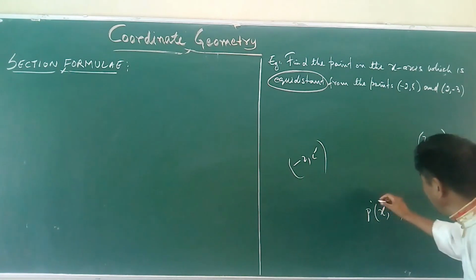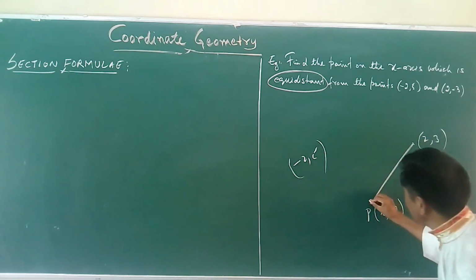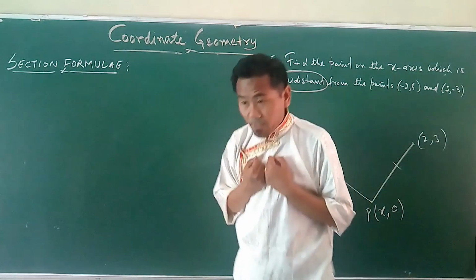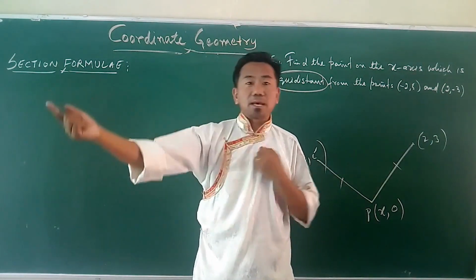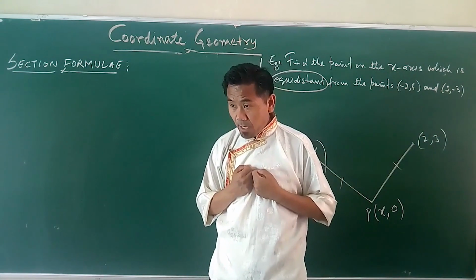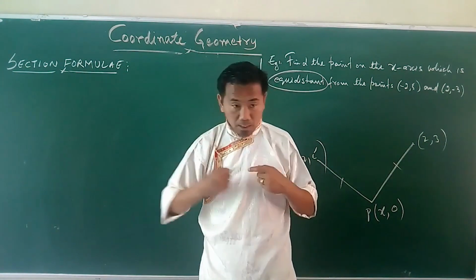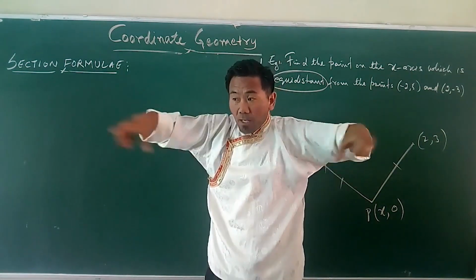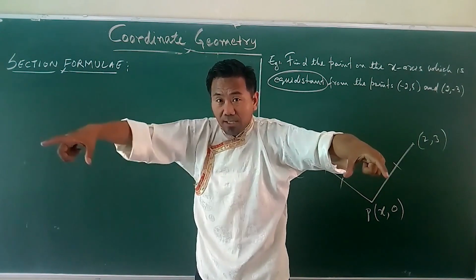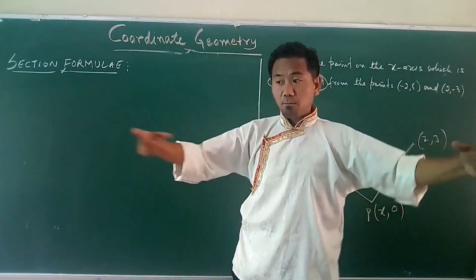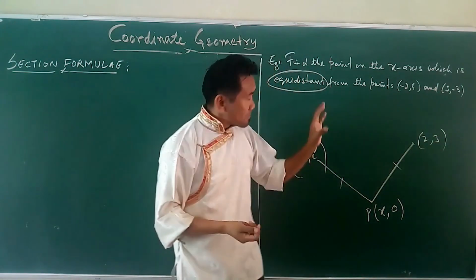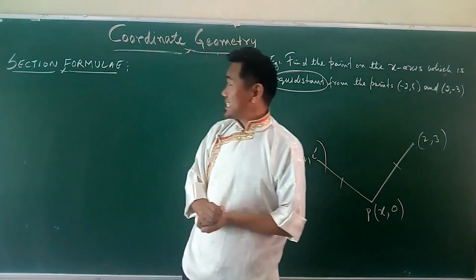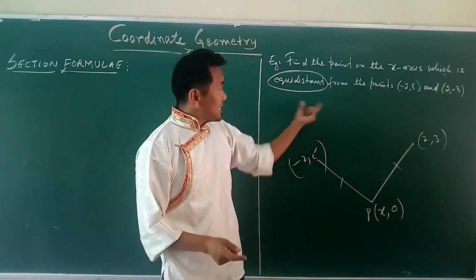The point is equidistant from the other 2 points, using the distance formula. So now the example, and then we'll move to the section formula part.